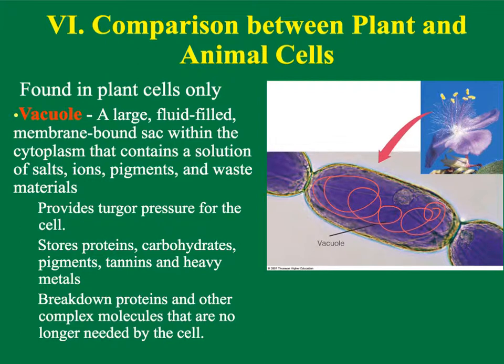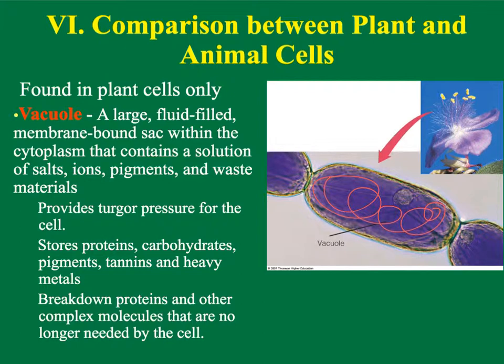It can also store proteins, carbohydrates, pigments, tannins, and it can store heavy metals. So it's used for a variety of things, anywhere from helping to change osmotic potentials so that plants can get more water out of the soil, to taking up toxins in the soil, to being a place for pigments or tannins to be stored in order to decrease herbivory.